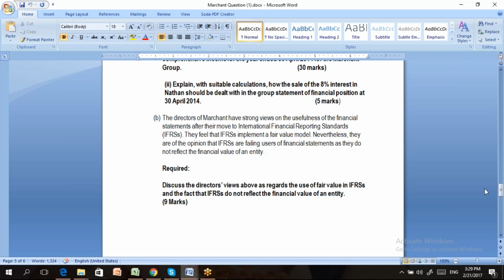Of course, it will improve the disclosure because everything is at fair value and it will be more realistic and more practical, I would say.